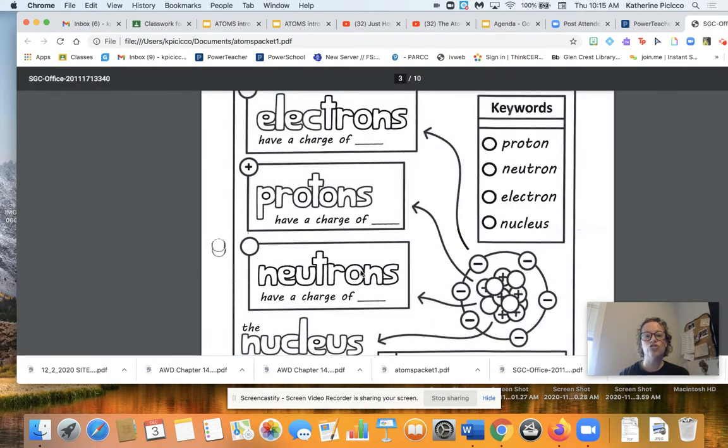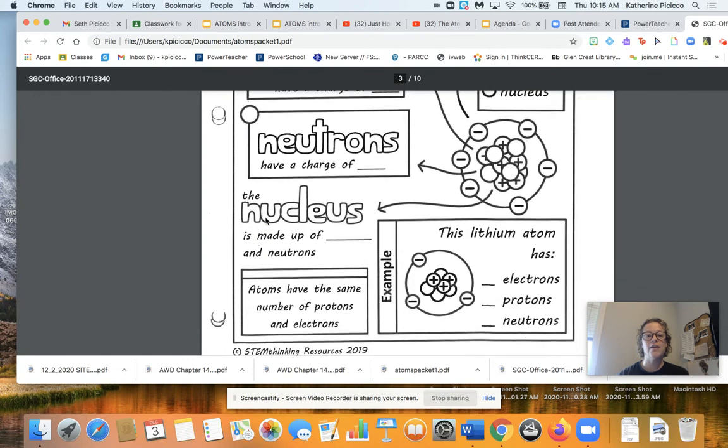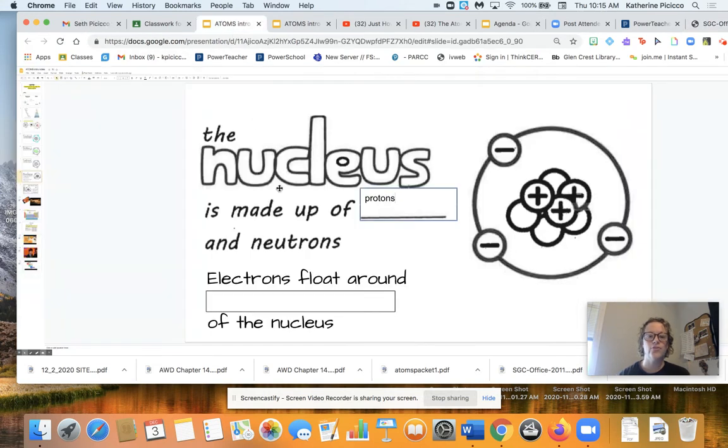So if you go to your sheet here, you'll notice that it says the nucleus is made up of, you're going to write protons right here. Okay, protons. Okay, and this doesn't have it on the sheet, but one thing I wanted you to know is that where do electrons go? They float around the outside of the nucleus. Okay, so protons and neutrons in the middle, electrons on the outside.